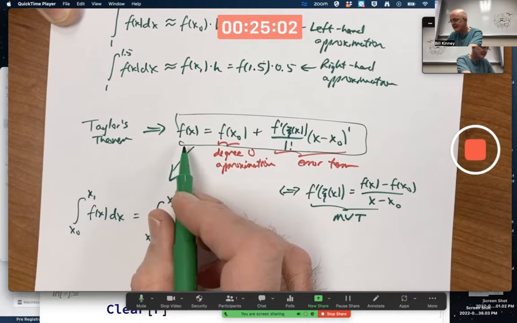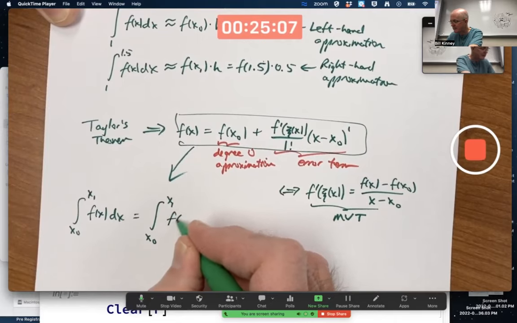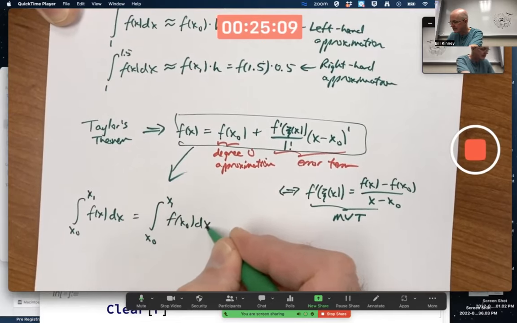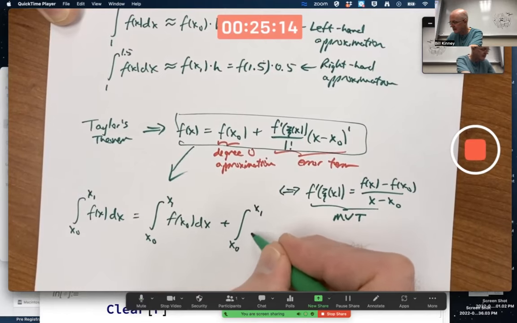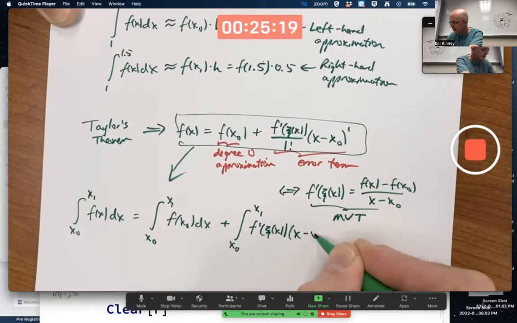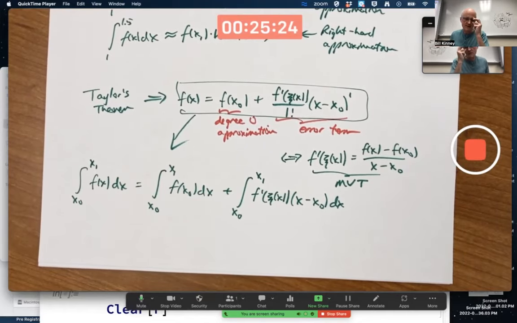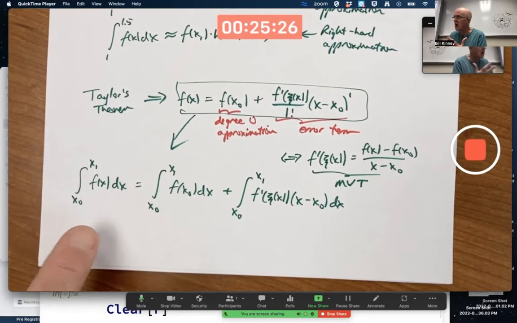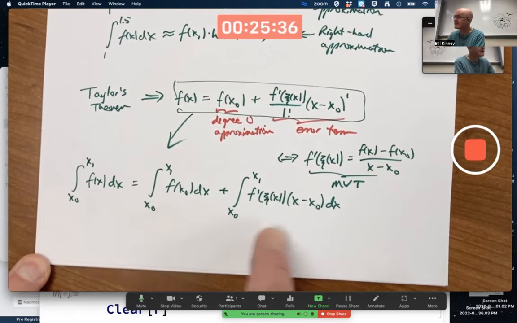So integrating the left-hand side is the same as integrating the right-hand side. And the right-hand side is a sum, so I could write it as the sum of two integrals, like this. So I'm just integrating both sides from x0 to x1. Again, keep in mind your goal, my goal is to approximate this integral here. Effectively, this is going to be your approximation, and this is going to be your error term.